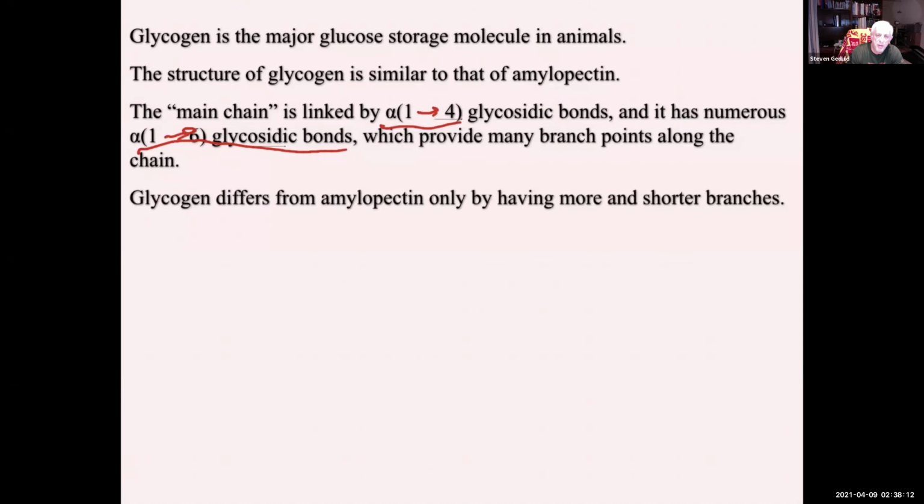Glycogen differs from amylopectin only by having more and shorter branches. Okay, so it's the exact same thing as amylopectin, except it has more branches because the units are smaller. Instead of 20 to 25 monomers, it has about 10 monomers. So it has more branches and there are shorter branches. That's the only difference between glycogen and amylopectin.